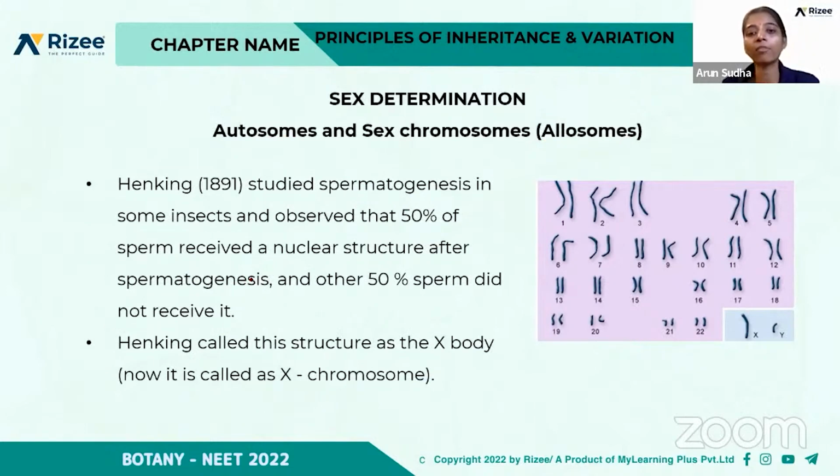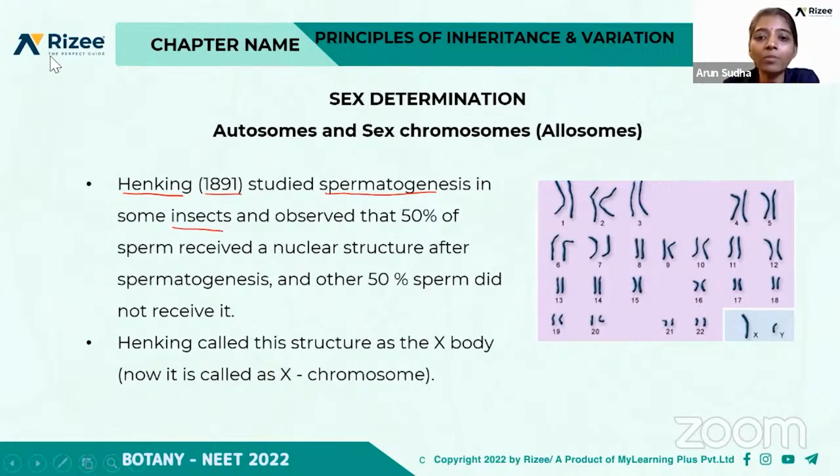How they found this out: the scientist Henking, in the year 1891, studied spermatogenesis. What is spermatogenesis? It is the formation of sperms, right? He studied spermatogenesis in some insects. Only in insects was it first discovered.